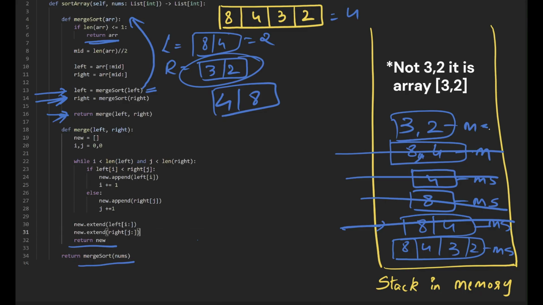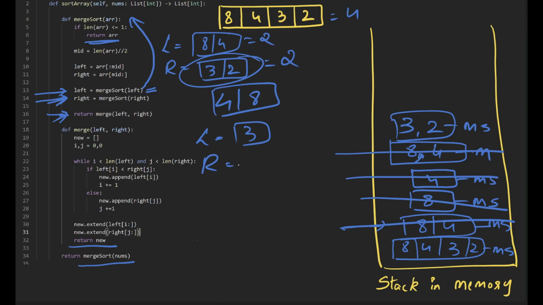Here it is merge sort, and since the length is greater than 1, we calculate the mid, left and right. Here left becomes 3 and right becomes 2. After calculating left and right, we come to this left and call merge sort for left.